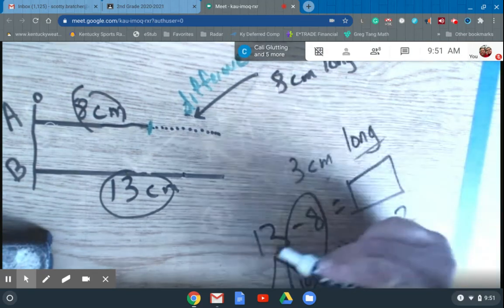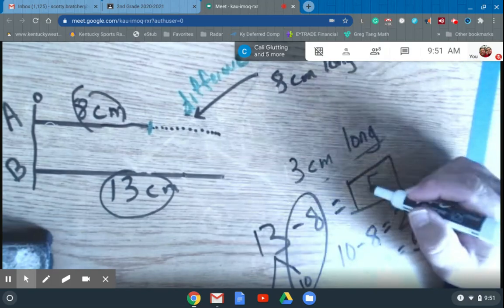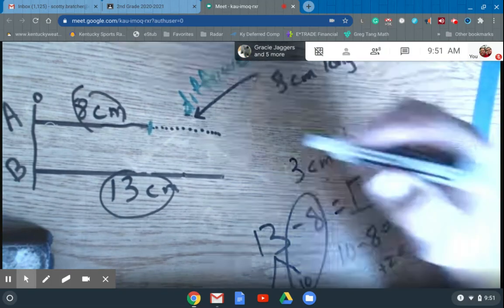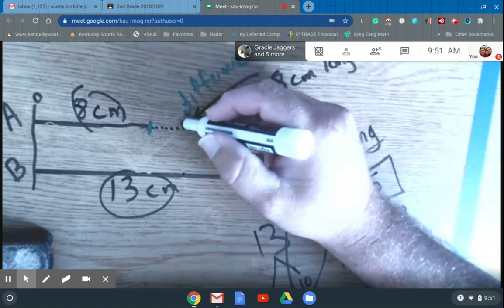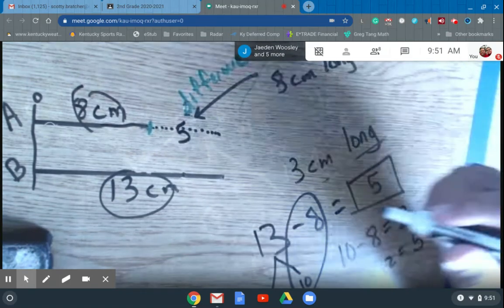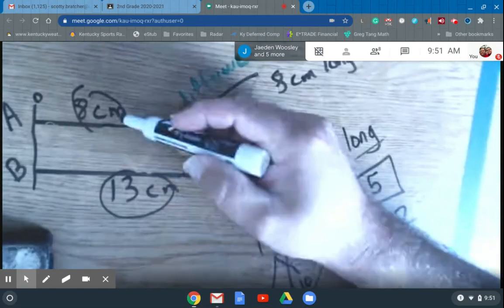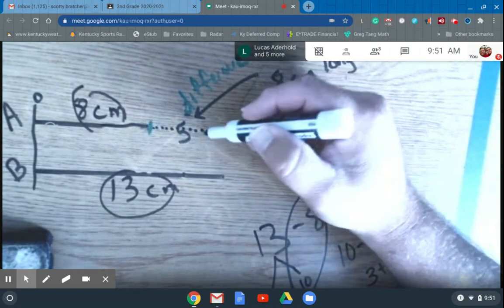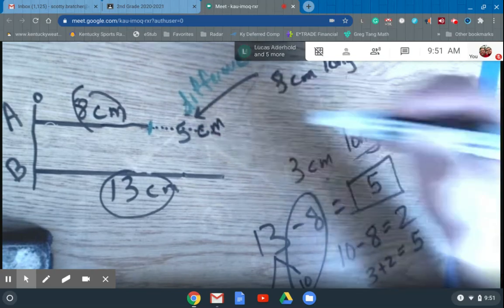So, 13 take away 8, that's 5. And I'd have to put it over here, and it's 5. And this is centimeters, that's centimeters. So I probably need to put centimeters with this, the label. So it's 5 centimeters.